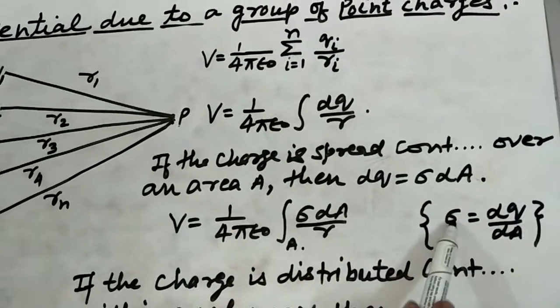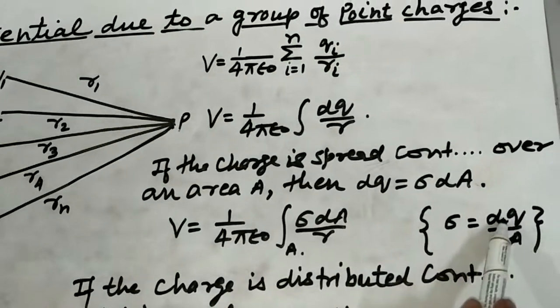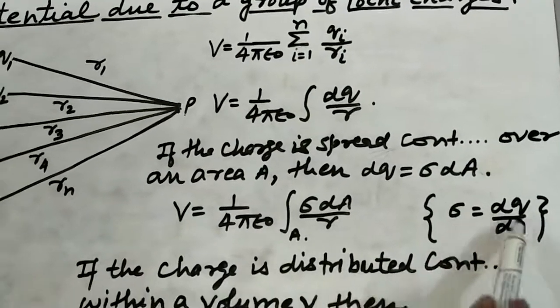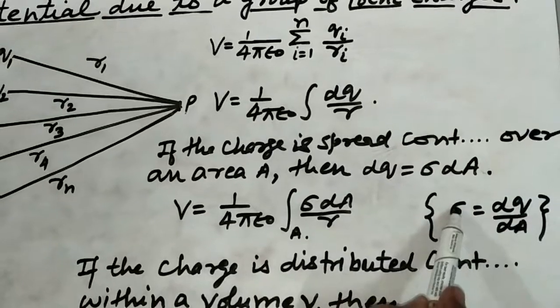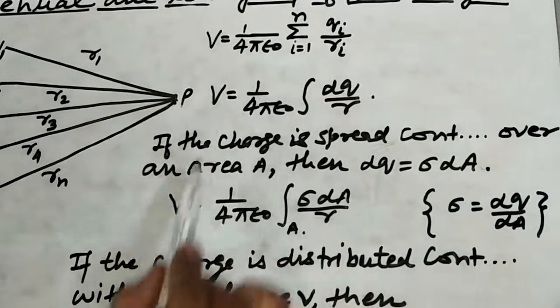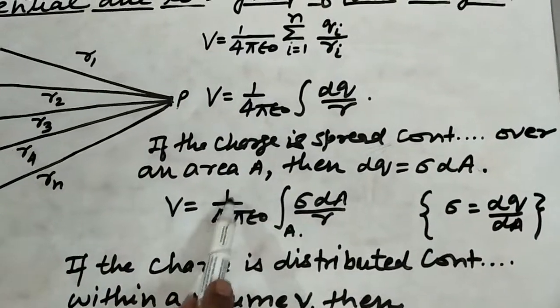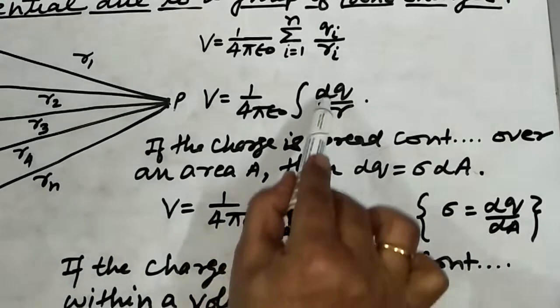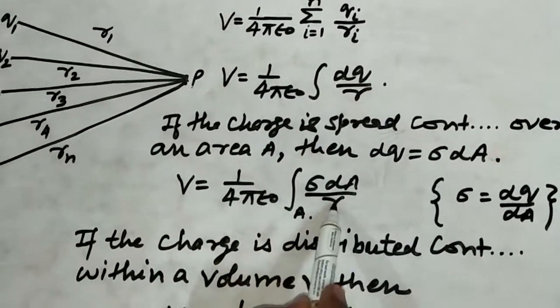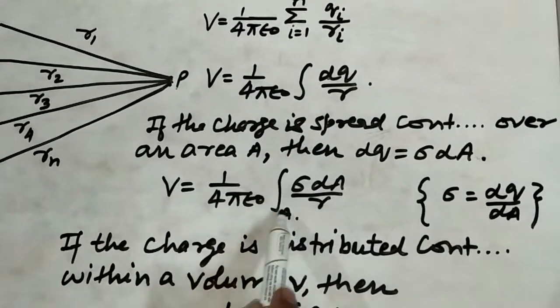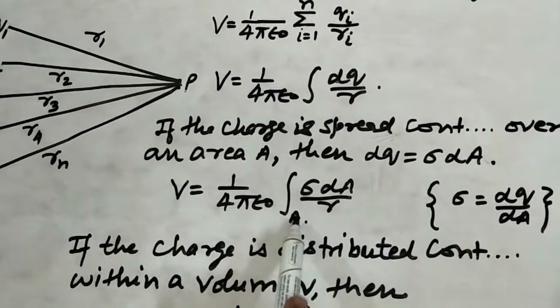As you know, surface charge density sigma is equal to charge per unit area. So in place of dq you can write sigma dA. So this electric potential V is equal to 1 upon 4 pi epsilon naught, here in place of dq sigma dA upon r, and this one is called surface integral.